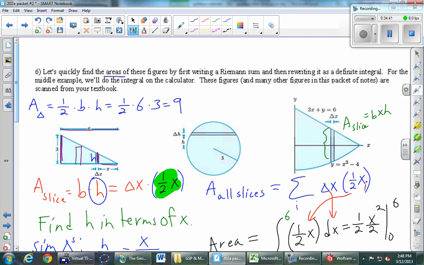Would you say that that distance right there is a change in x or a change in y? It's a change in y. It's vertical. So what you need to do is figure out how much y is at the top, and figure out how much y is at the bottom, and do what with those two numbers?